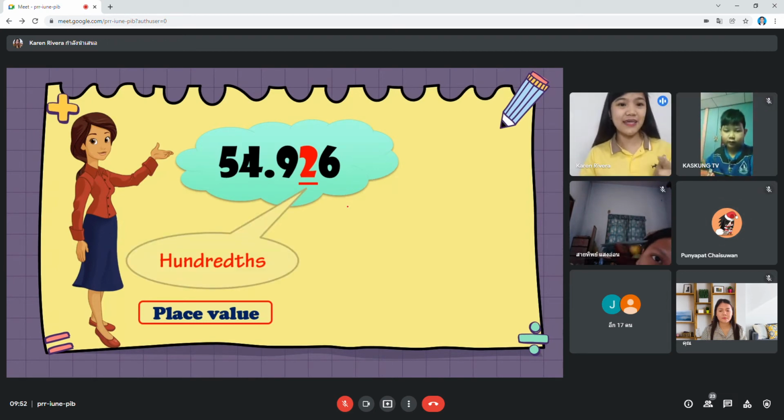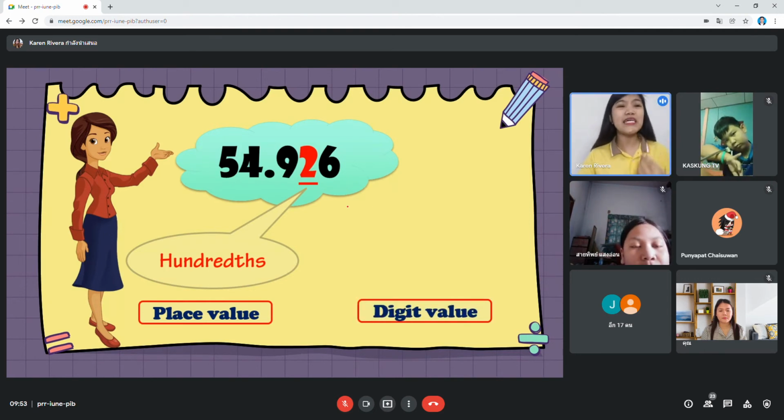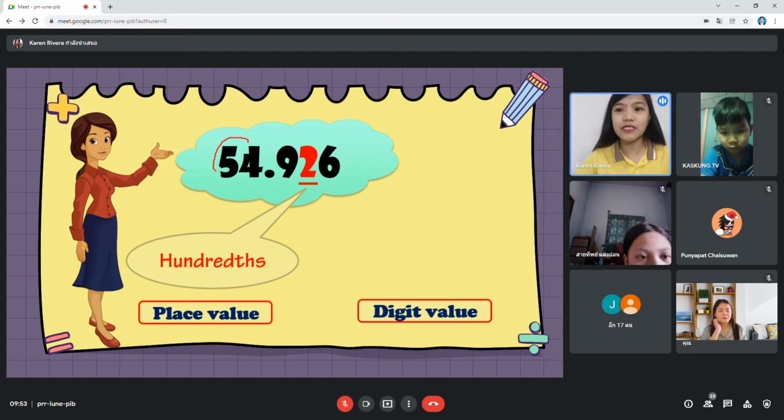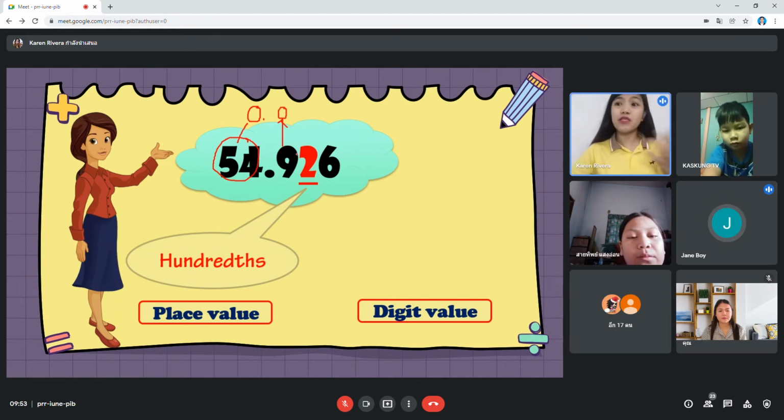Now, after knowing the place value, what is the digit value? How will you write that in number? Look, this 54, we need to change it to 0. 0 point. This number 9, change it to 0. How about number 2?